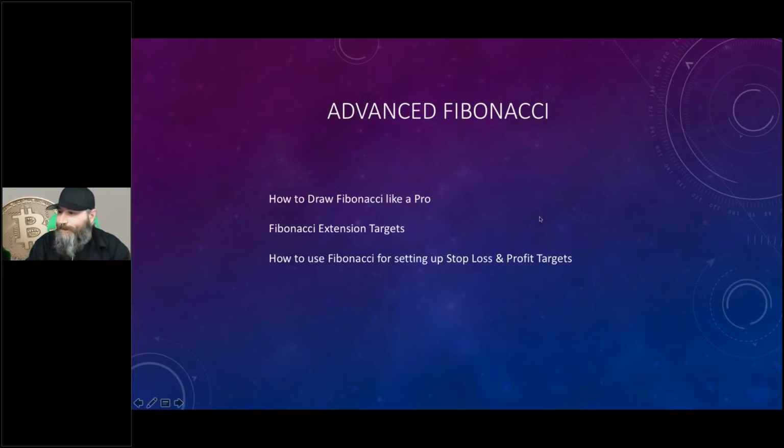I did show you extensions for stop losses. Again, you use the level underneath you, right? So if you're buying at the 618, you could take stop loss at the 786, so on and so forth. You can go down the list like that. And how to draw Fibonacci like a pro, that's switching it back in order to get your profit targets. It's very similar to using a Fibonacci extension tool.